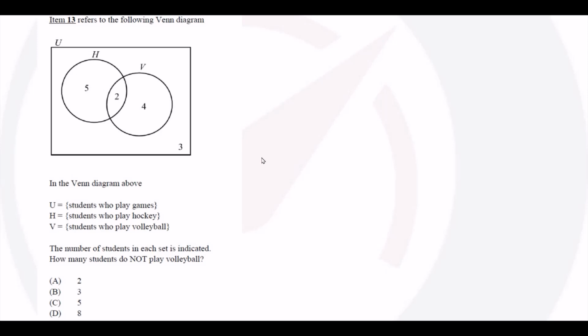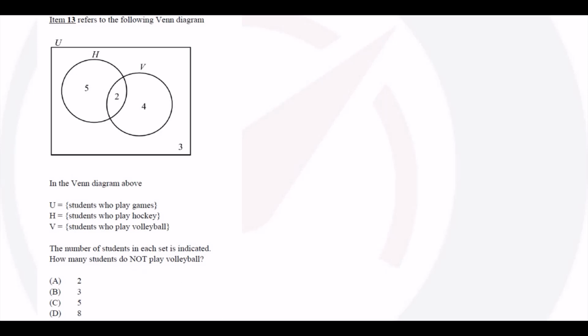Item 13 refers to the following Venn diagram. In the Venn diagram above, U is the students who play games, H is students who play hockey, V the students who play volleyball. The number of students in each set is indicated. How many students do not play volleyball?